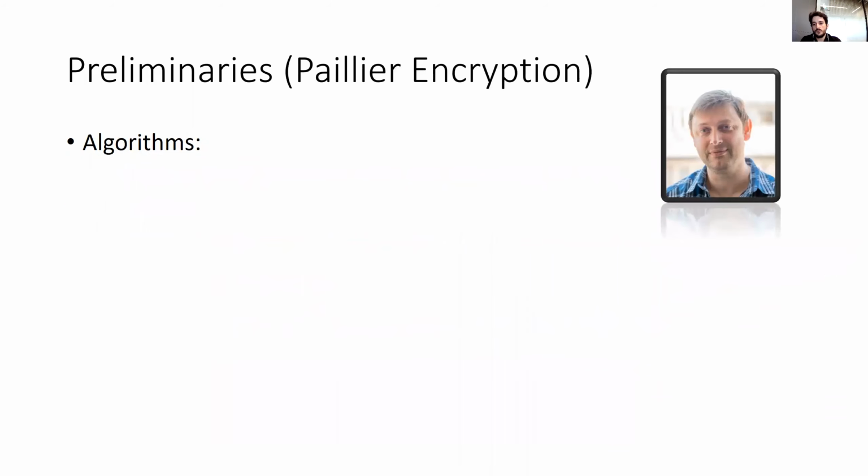So a standard way to perform multiplication is via Paillier encryption, which I define next. Paillier is a public key encryption scheme consisting of the following three tuple of algorithms. A key generation algorithm that returns an RSA modulus and its factors, corresponding to the public and secret key respectively.